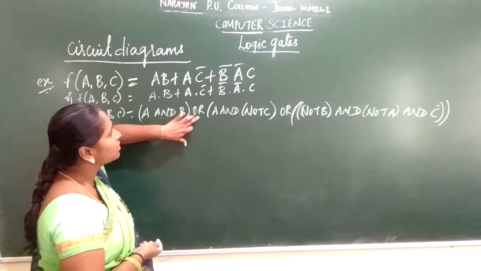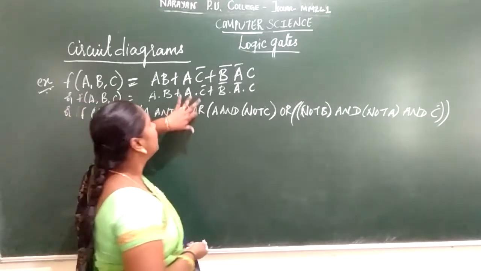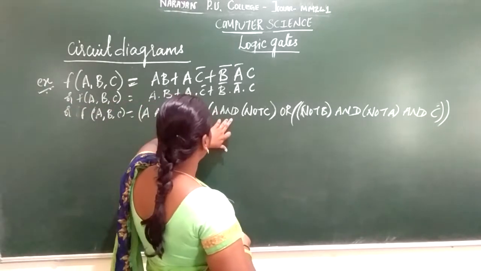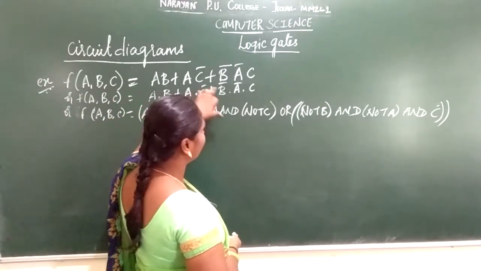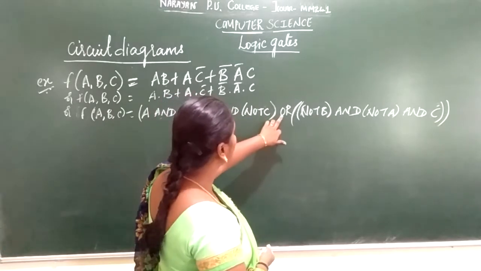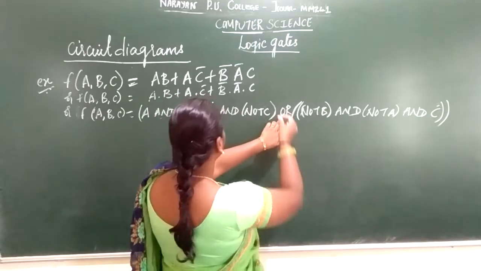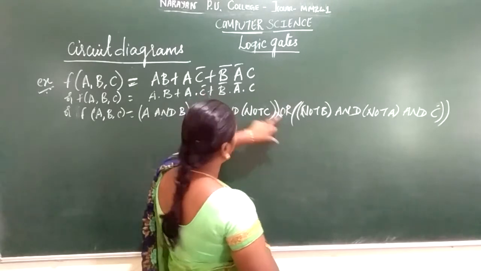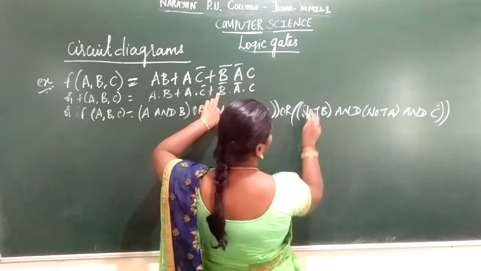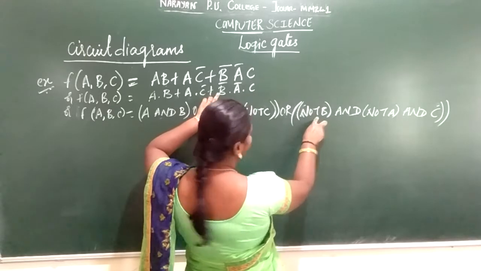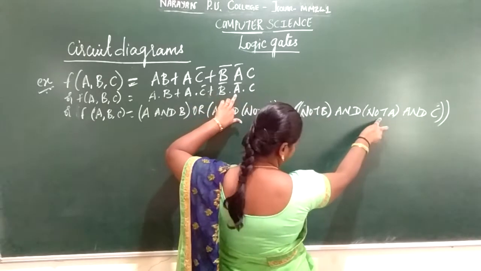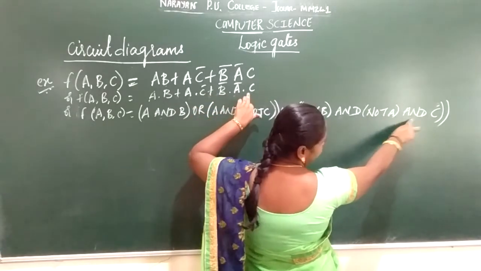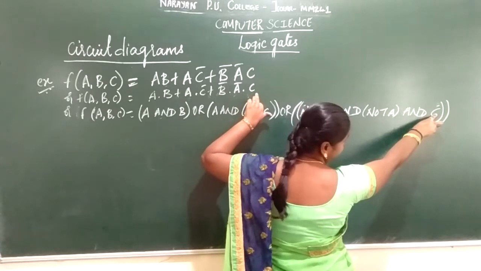For plus you use an OR condition. Here C bar is nothing but not of C. The plus symbol is nothing but OR. Next, not of B and not of A, then AND with C, directly C.